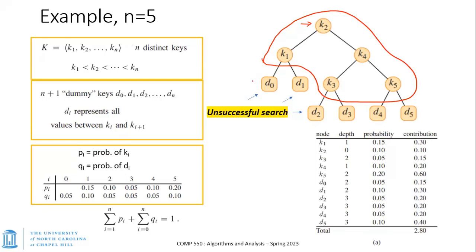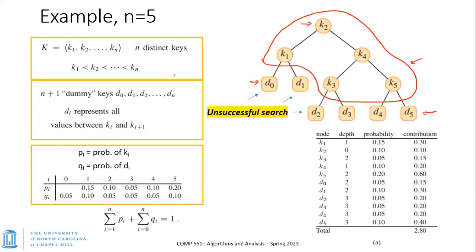And that might have a certain probability as well. Those are probabilities of an unsuccessful search. If you hit one of these, then that's a successful search. But if you hit one of these leaves at the bottom, then that represents an unsuccessful search. And so those may also have certain probability weights. You don't always find what you're looking for in the binary search tree.